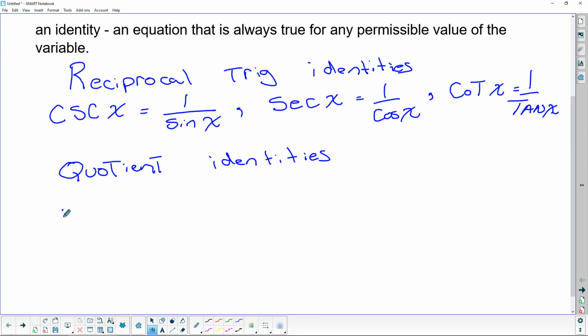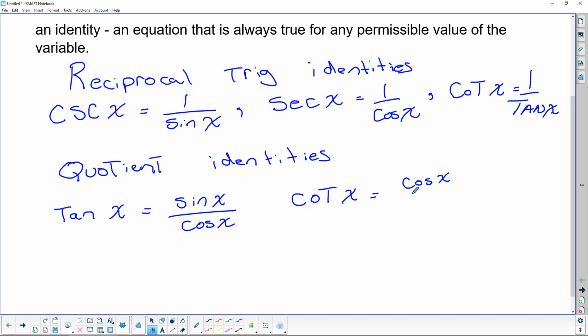So tangent of some variable, we'll stick with x, is equal to sine x over cosine x. And then obviously if we take cotan, it's the opposite of that. So cotangent x would equal cosine x over sine x. So those two fundamental identities are known as quotient identities.